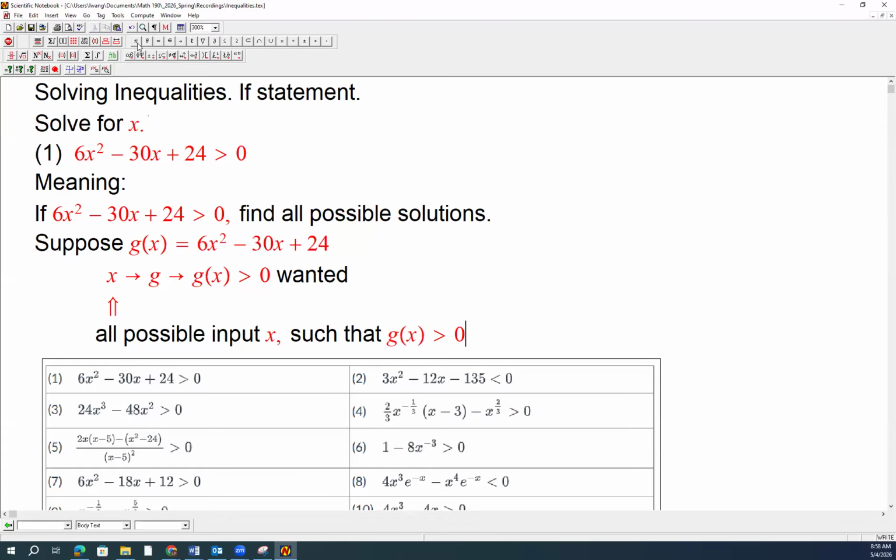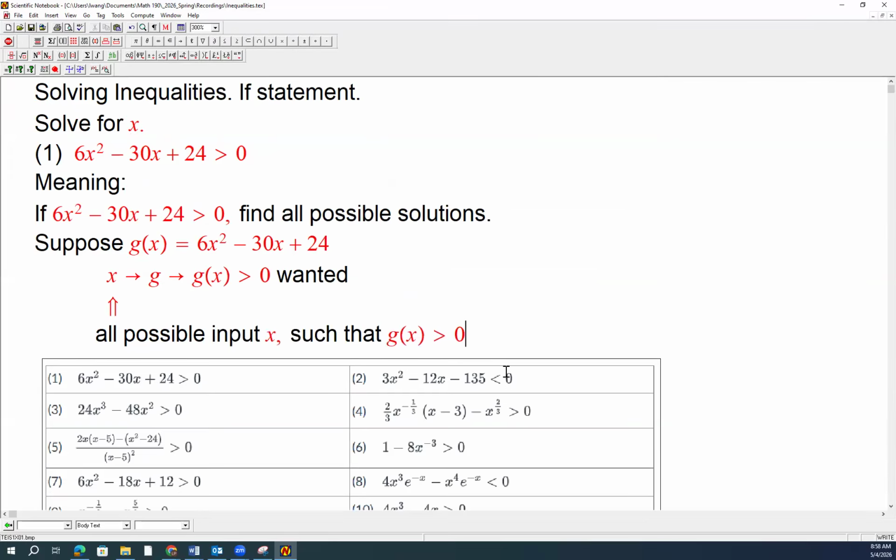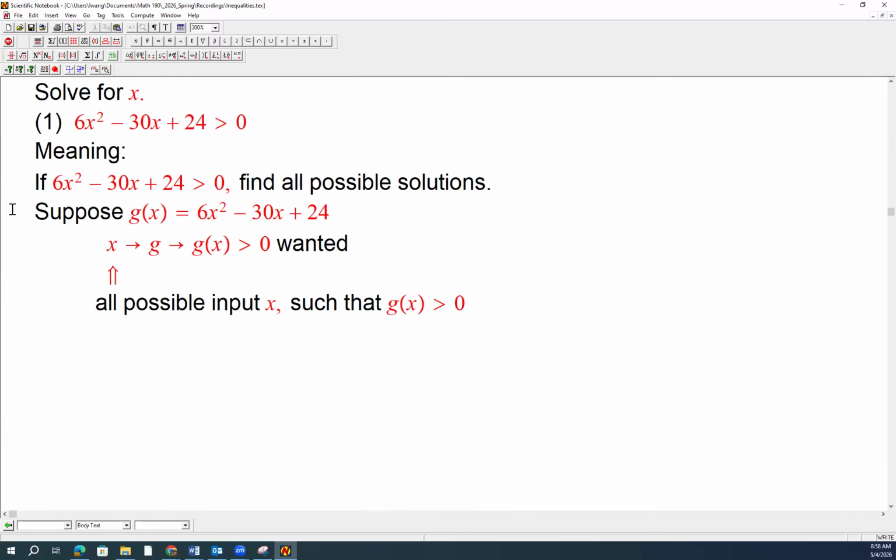So given output, we're looking for input. For all of the questions we have here, it's the same meaning. So without further ado, let's move forward with number one.